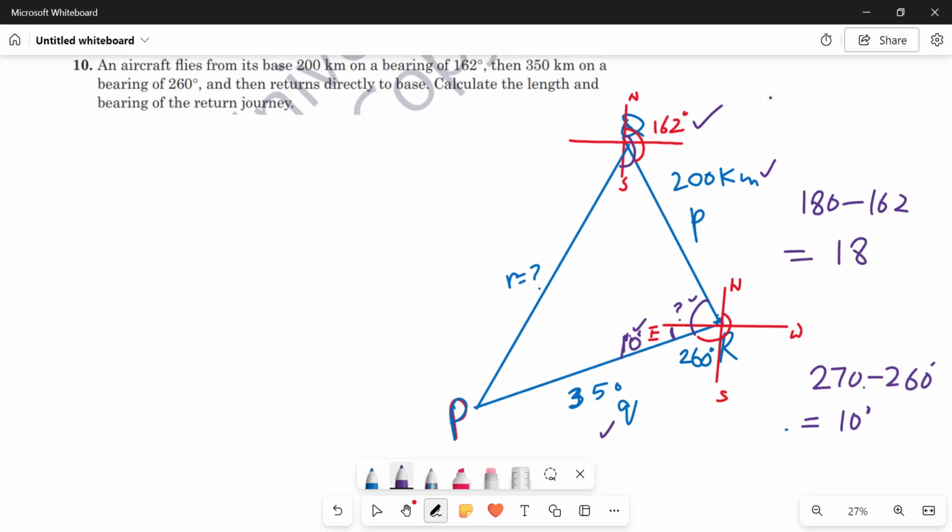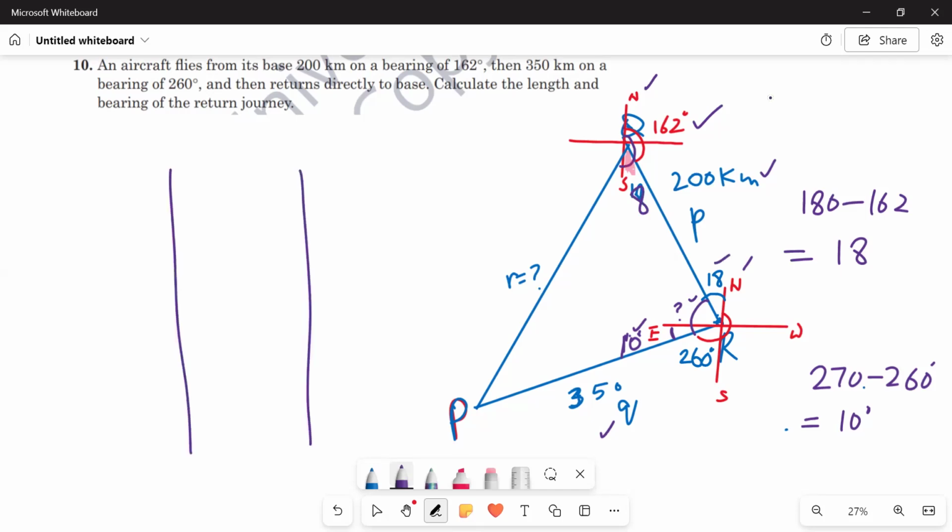So this angle will be 18 degrees, and this angle is also 18, because when two lines are parallel, meaning this north line and this north line, and this P line is crossing both north lines, this angle 18 and this angle 18 will be the same.